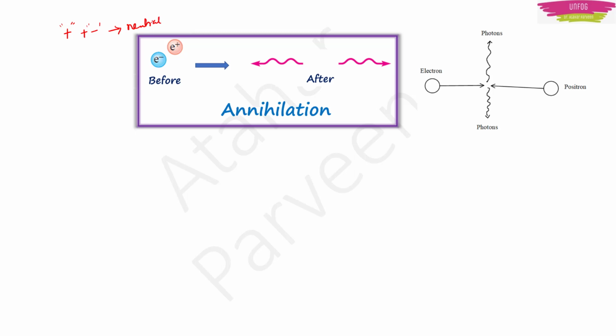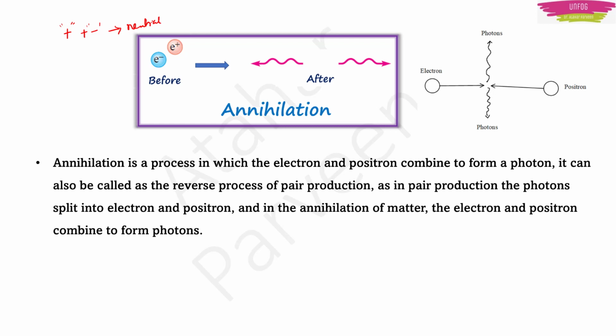So in annihilation, you can see that electron and positron will combine together to form a photon. That electron is from the environment. It can also be called the reverse process of pair production, because in pair production, a photon splits into an electron and positron, and in annihilation of matter, an electron and positron combine to form a photon. They are opposite processes, or reverse processes, you can say.